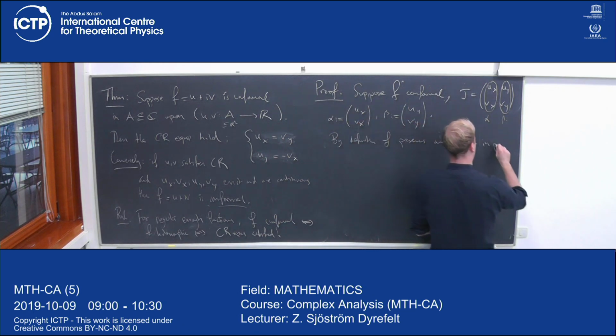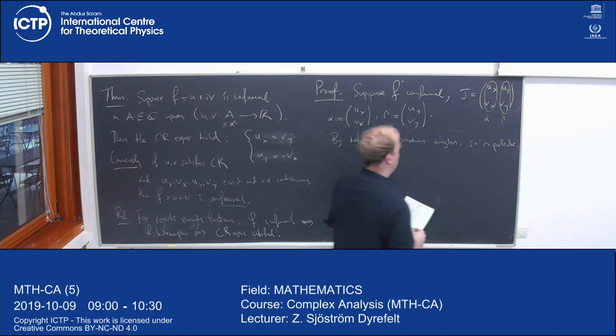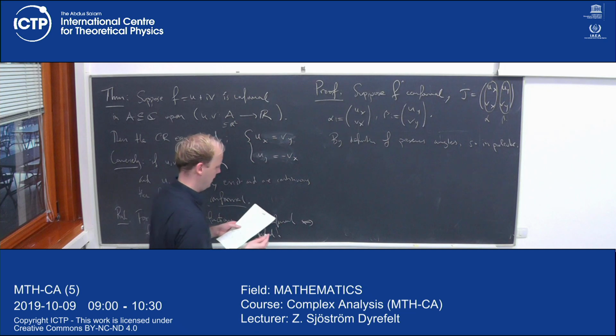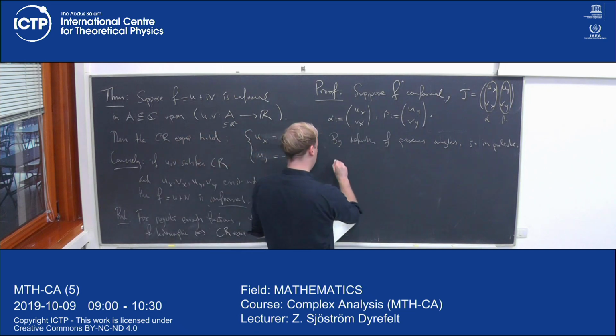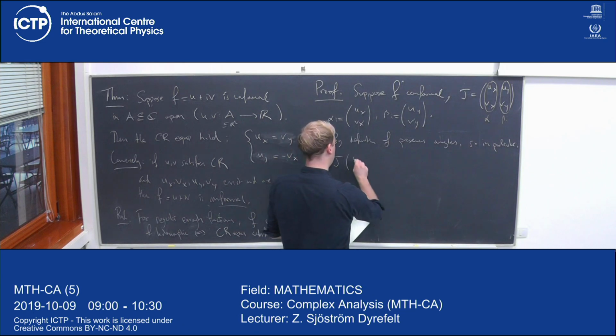So in particular, if we look at this map, this J here, which is a matrix, acting on (1, 0).